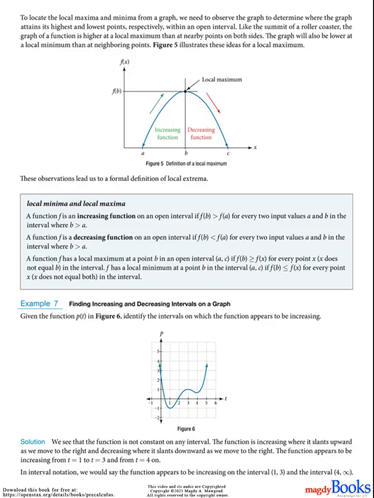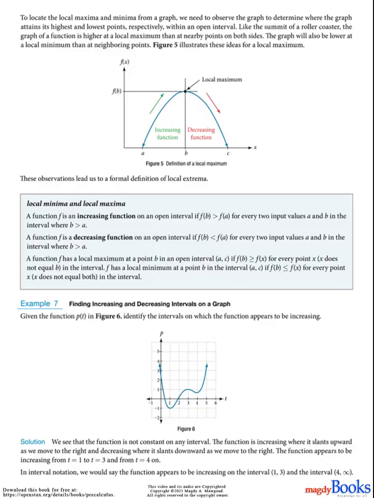A function f has a local maximum at a point b in an open interval (a, c), if f of b is greater than or equal to f of x for every point x, where x does not equal b in the interval. f has a local minimum at a point b in the interval (a, c), if f of b is less than or equal to f of x for every point x, where x does not equal b in the interval.